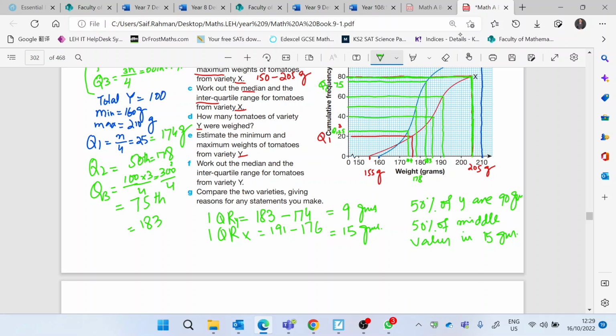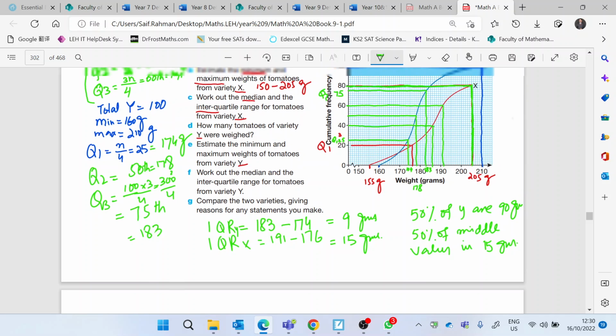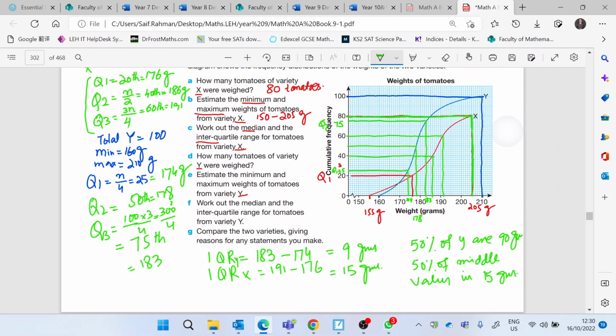The graph for the blue ones is very vertical, very steep, whereas the red ones is not very steep. So for the red ones, the data has more spread for the middle 50% as compared to the blue ones.